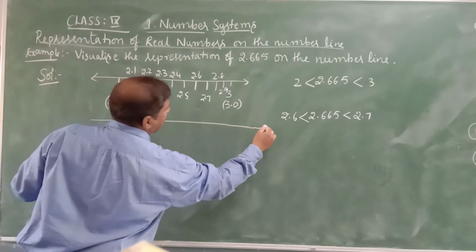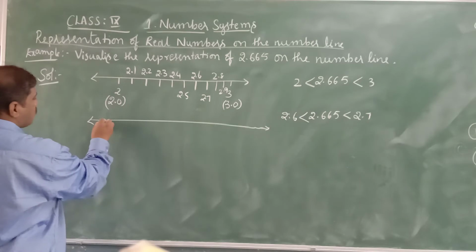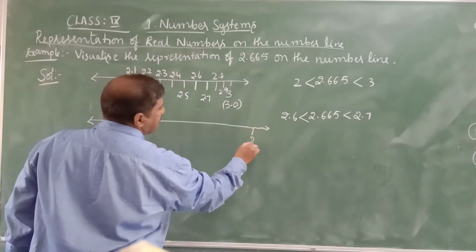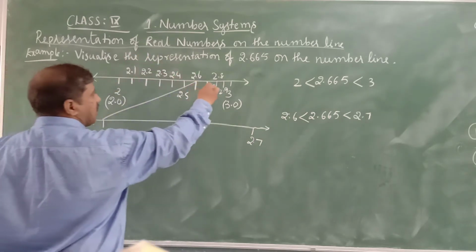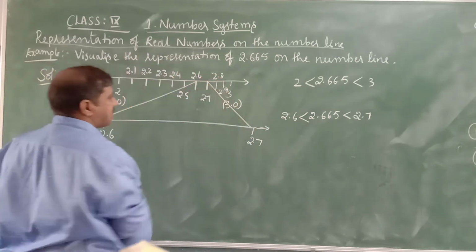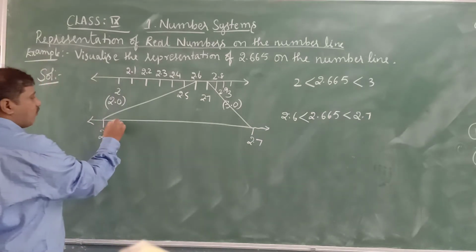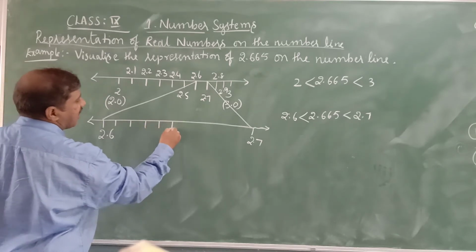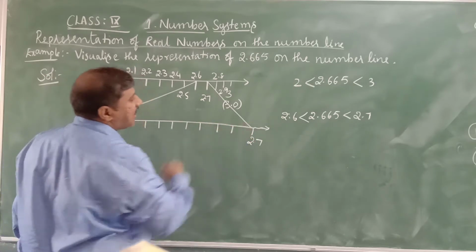So divide this space into 10 equal parts: 1, 2, 3, 4, 5, 6, 7, 8, 9 and 10.